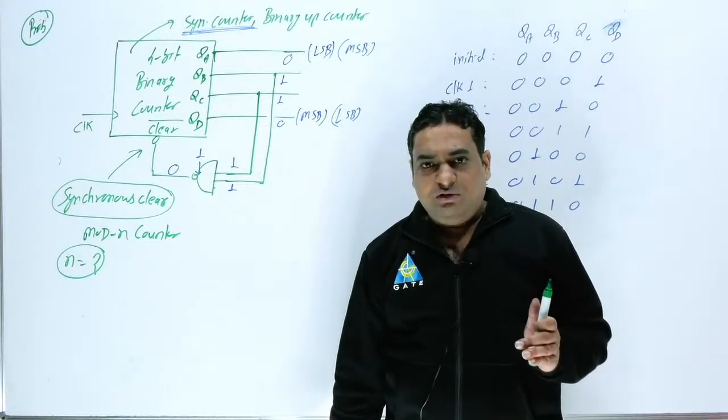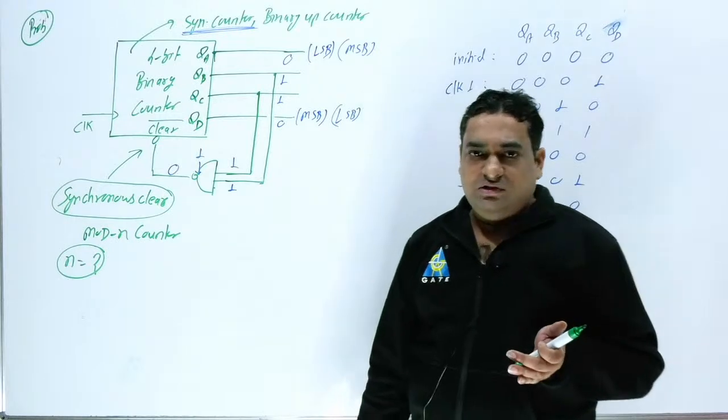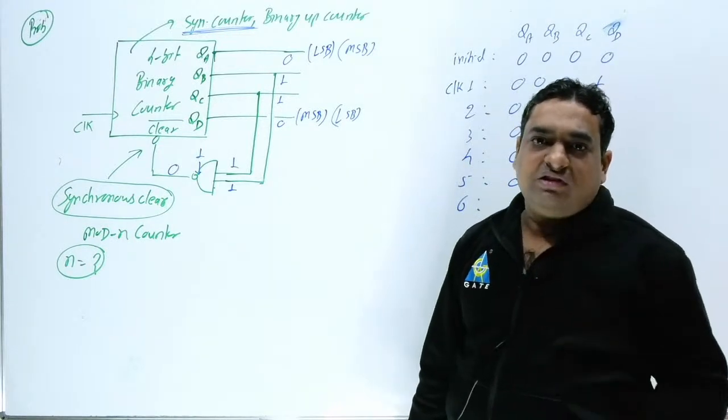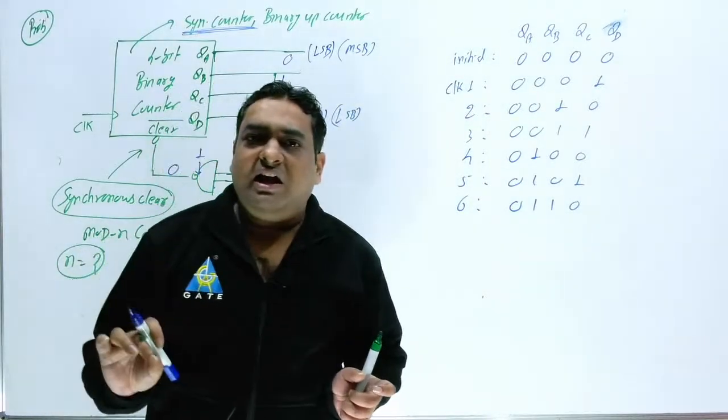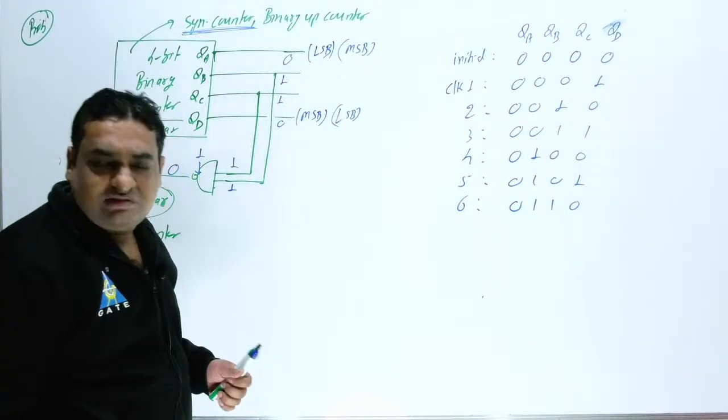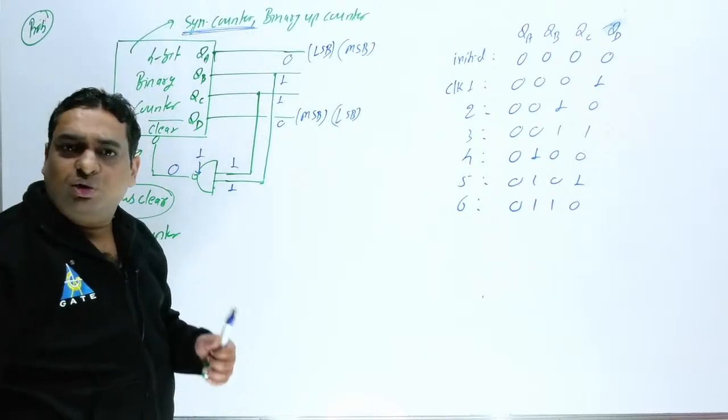And if we are using an asynchronous counter, generally we will use an asynchronous clear. One thing you should remember, but it is not 100% true. Again I am saying, this is the standard protocol, but the examiner can ask you any question.